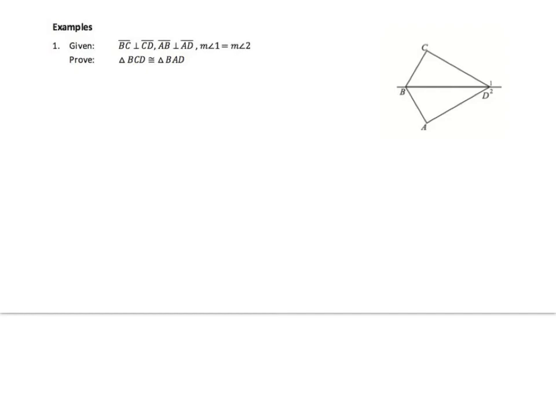Okay, examples. So given those criteria, let's try to prove that triangle BCD is congruent to triangle BAD. So we have, let's look. Given that BC is perpendicular to CD, so I'm going to mark that. And AB is perpendicular to AD.